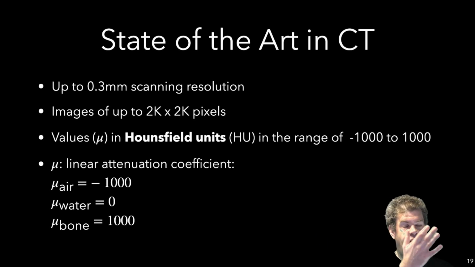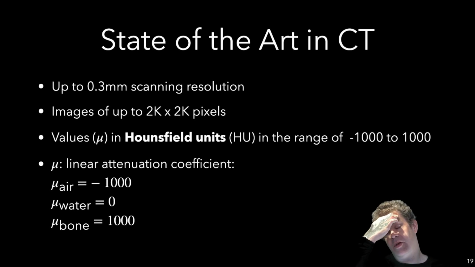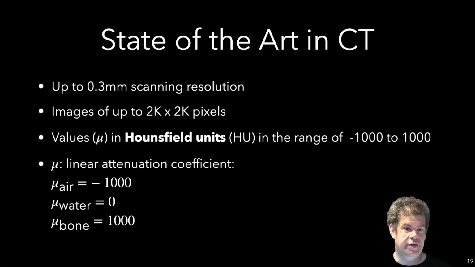Then from that, and we'll later see how, you can reconstruct images of 2000 by 2000 pixels, fairly high resolution, so that's a pretty high resolution picture. And the units of each pixel in that image are what's called Hounsfield units, or HU, at least the medical folks call them that. And those units are generally from -1000 to 1000.